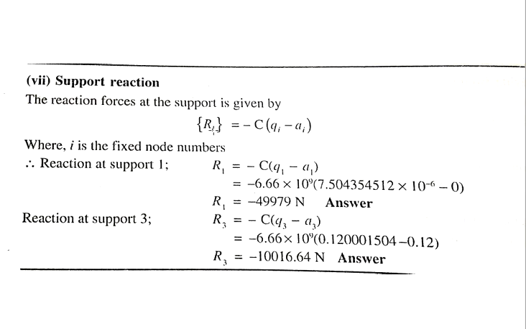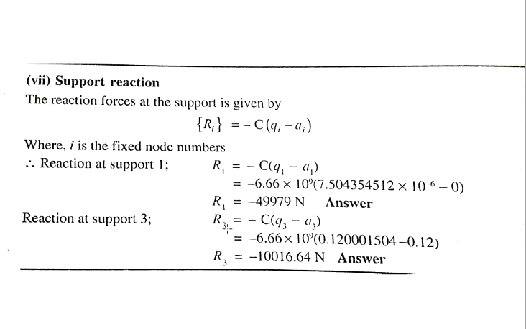If you want to apply it for the first node, that is the reaction at support node 1, then minus C into Q1 minus A1. And for node 3, Q3 minus A3. Here C is the maximum of Kij value, Q1 is the displacement which you have just got, and A1 is already given, that is 0 because of the fixed end. So this value is the reaction at node 1.